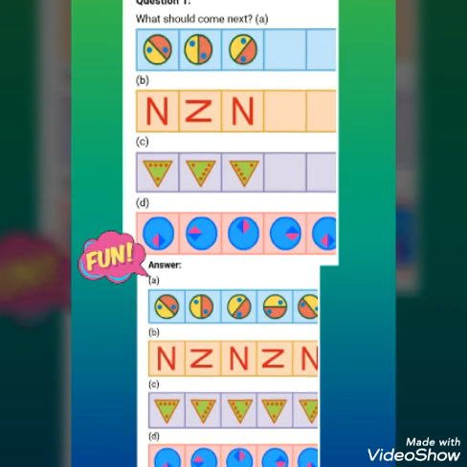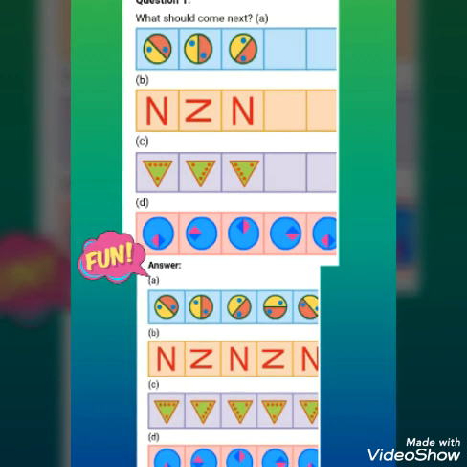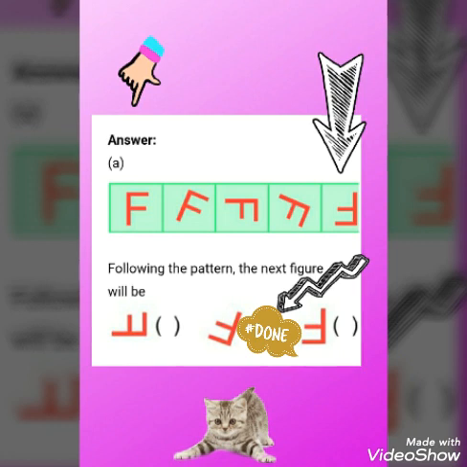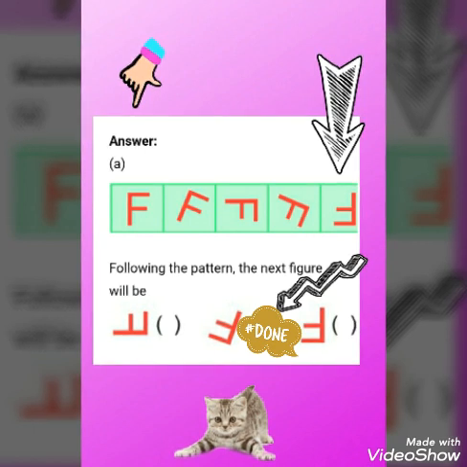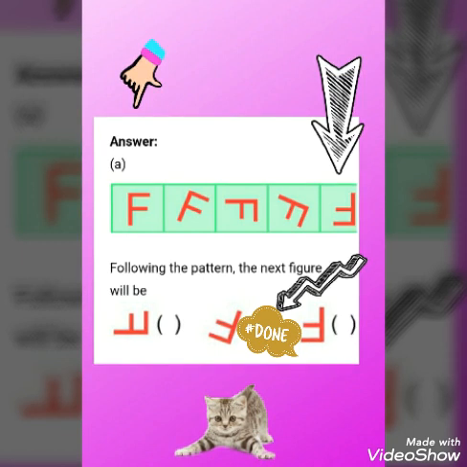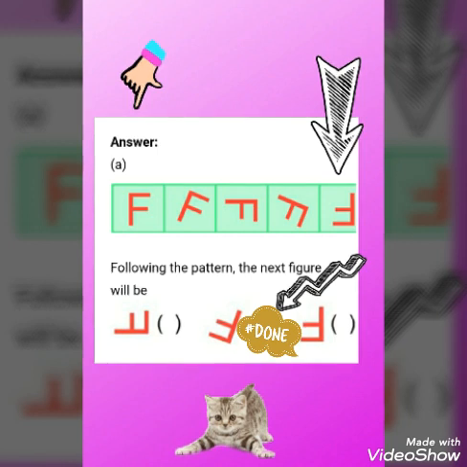Similarly, number D, you have to follow the pattern and then fill up the boxes. Now I will request all the students to do number D by yourself. I have not shown that one because I want you to do it by yourself, and then you have to do it in your book, and let me know in the comment section that you have done it.